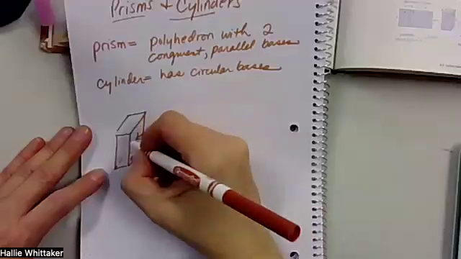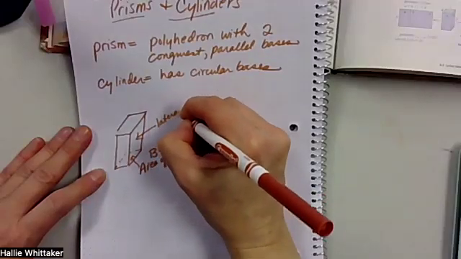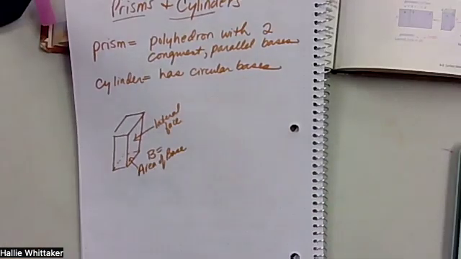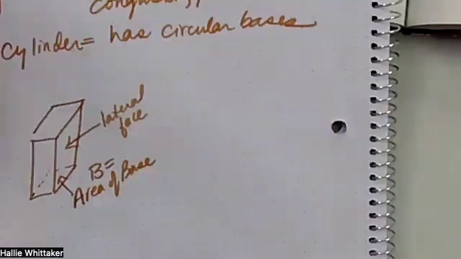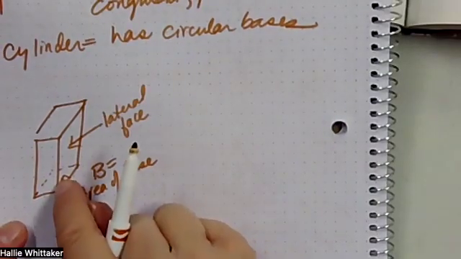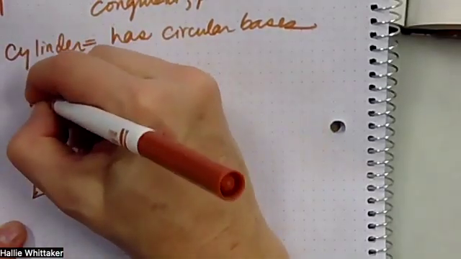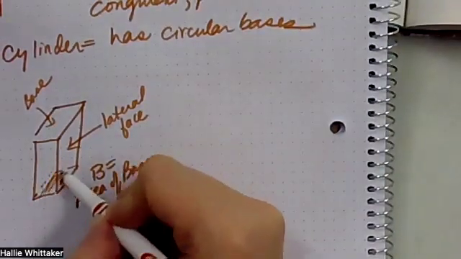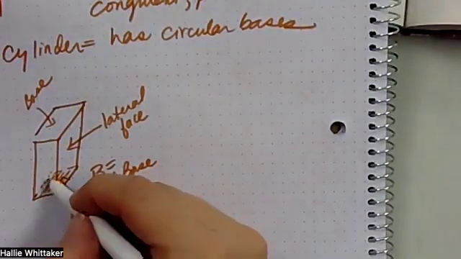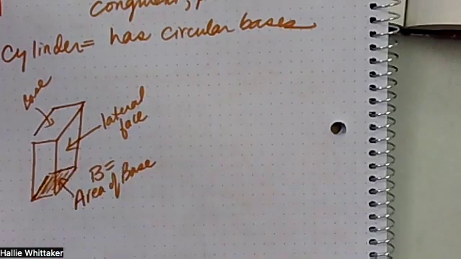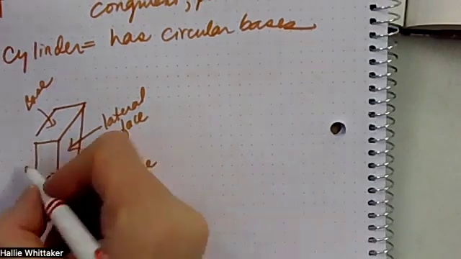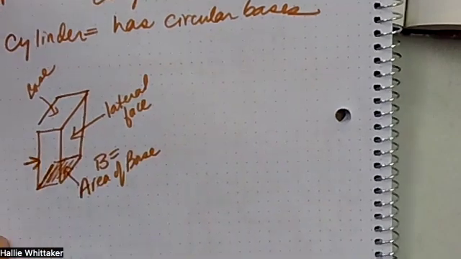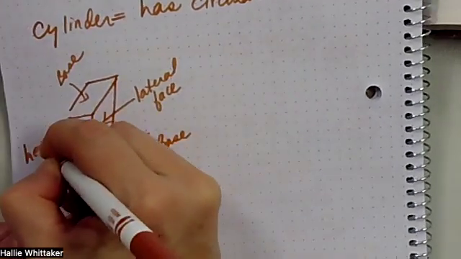Remember for your notes that this is a lateral face. When we're talking about the lateral, those are the sides and the bases are the bottom. When you see the big B, remember that that is the whole area of the base. Remember this edge is the height.